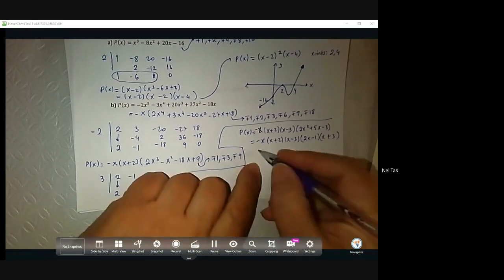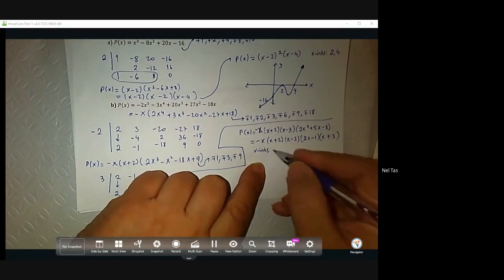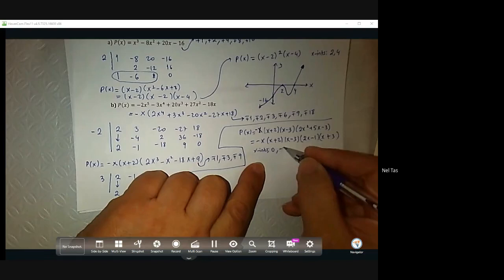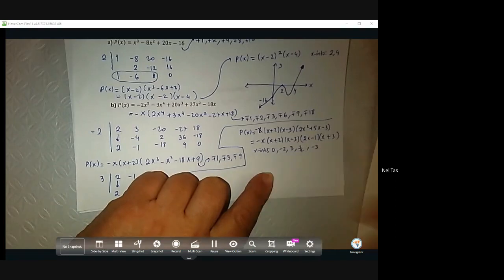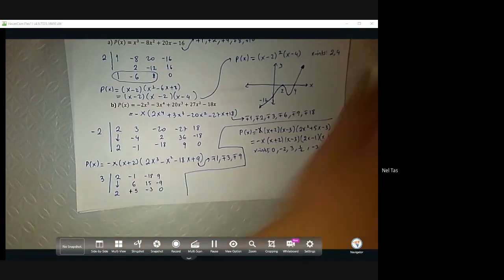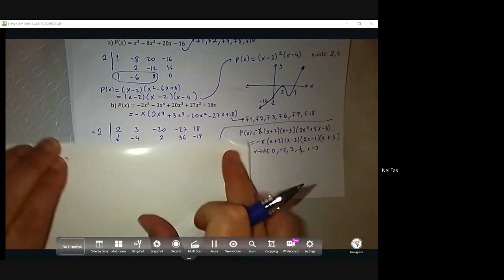What are the x-intercepts? 0, negative 2, positive 3, positive 1 over 2, and negative 3. Even if it doesn't say it, how about if we sketch this function?